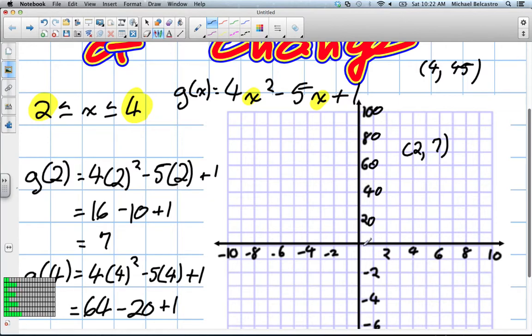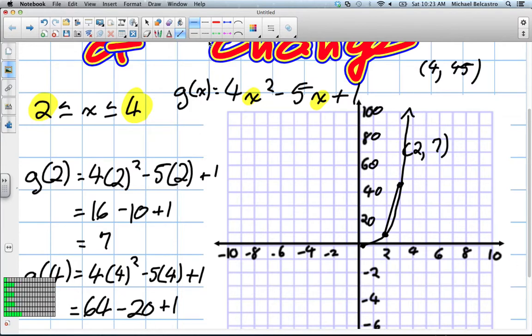Okay, so we know our vertex is really something down here, and then at the value of 2, we were at 7. So 7 in this case is actually going to be down here, and 4 at 45 is going to be like this. So we have some parabola that's kind of going like this, then heading upwards. Now again, you notice how it started to curve, right? Because we're looking for average rate of change, we're essentially looking for the slope between those two major points.